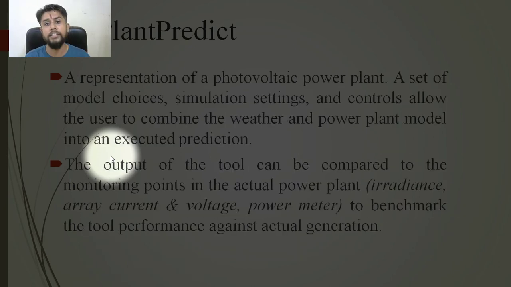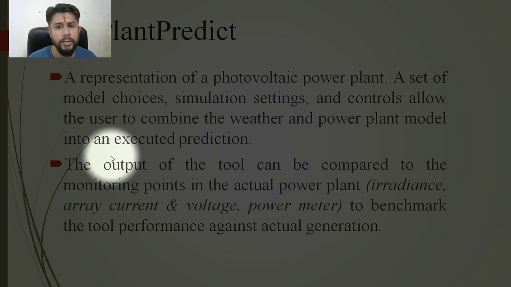A representation of a photovoltaic power plant is a set of model choices, simulation settings, and controls. This will allow the user to combine the weather data and power plant model to execute the prediction, for a more realized design for your power plant, for your requirement.